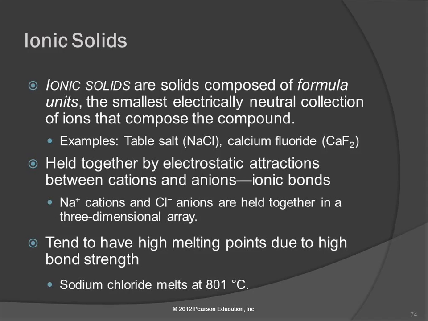These tend to have high melting points because ionic bonds tend to be very strong. So in table salt, we've got sodium ions and chloride ions, and they're held together in a three-dimensional array by ionic bonds. Sodium chloride will melt at 801 degrees Celsius. It's really, really high temperature. And that illustrates how strong those ionic bonds are.